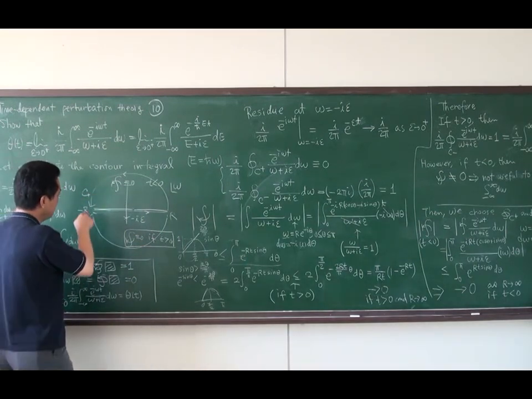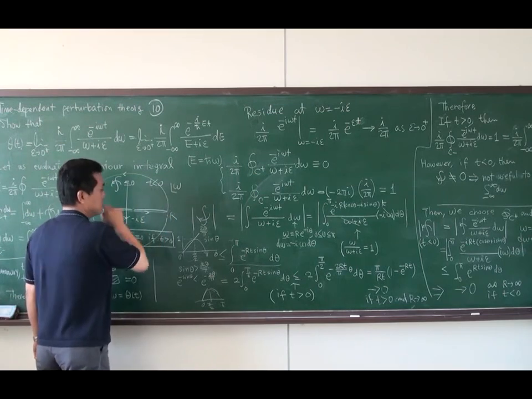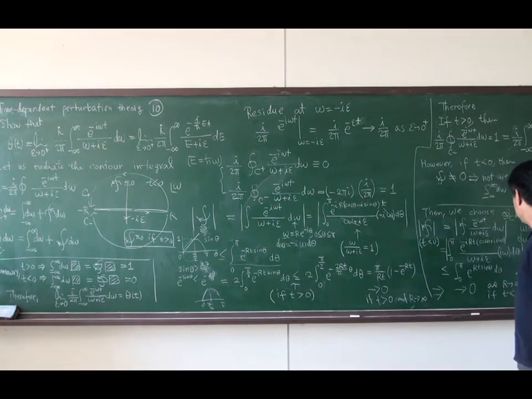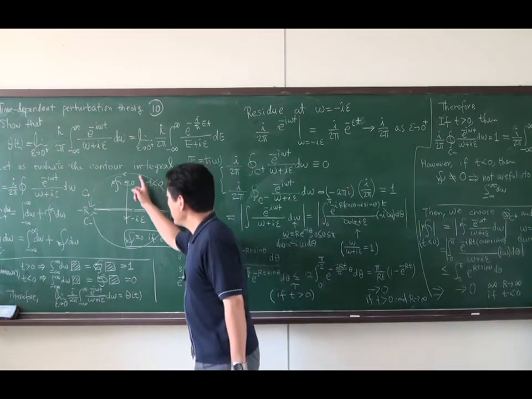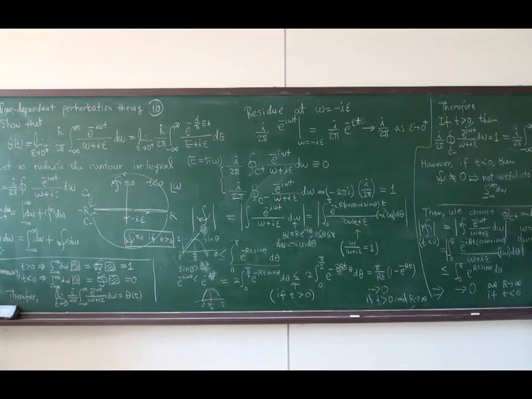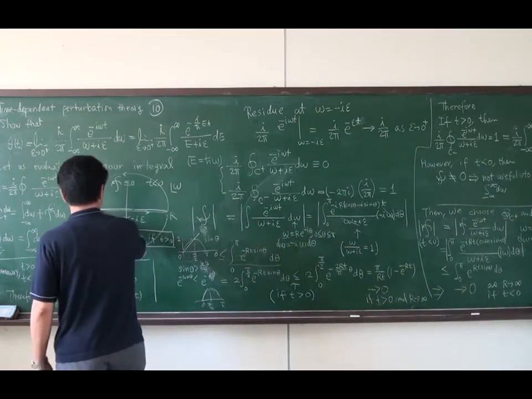In that case, the integral from minus infinity to plus infinity is 0. So if t is negative, we can parameterize omega on the upper semicircle as omega equals r exponential i theta, where theta runs from 0 to pi.